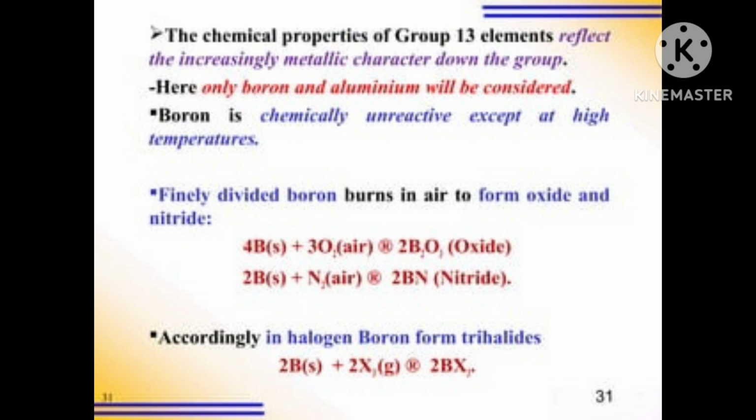Anhydrous aluminum chloride is partially hydrolyzed with atmospheric moisture to liberate HCl gas, and moist HCl gas appears white in color. That's why you will see white fumes around the bottle of anhydrous aluminum chloride.